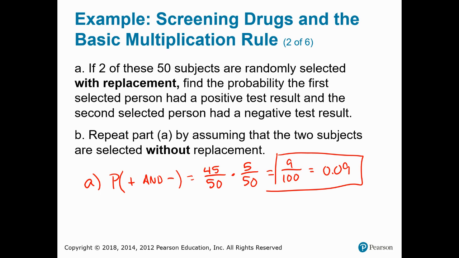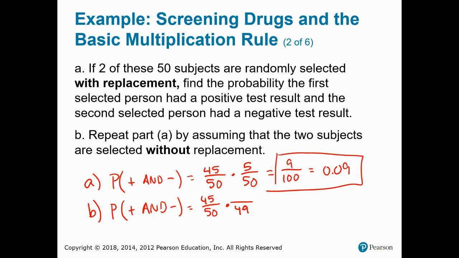Without replacement, for part B, it looks the same for the positive one, because that's our first event. The probability of picking a positive one is 45 out of 50. But without replacement, that means once I picked that name out of the hat, I laid that little piece of paper over here on the side, and now I'm going back to the hat. So how many people are in the hat now? 49. We're assuming that when we picked the first one, we did get a positive one.